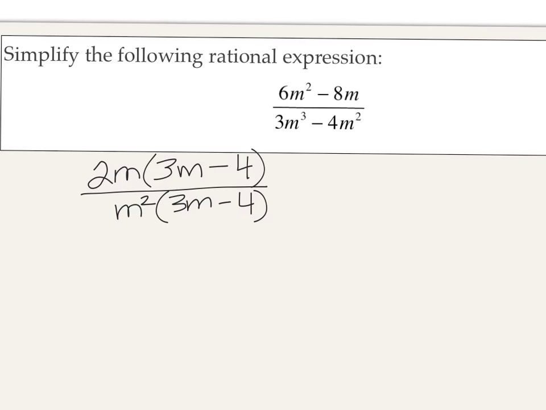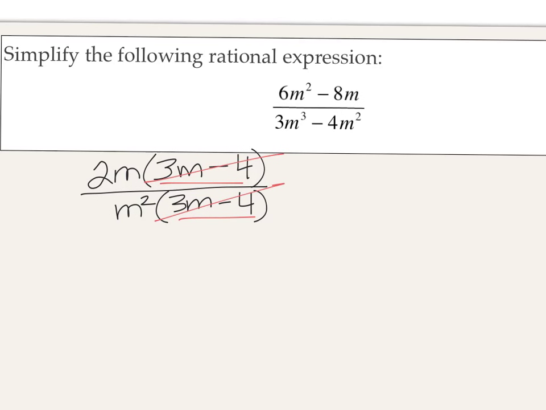So those are factors. If you have a common factor, so something multiplying on the top and the bottom, you can cancel it off. Because 3m minus 4 divided by 3m minus 4 is 1. That's the reason you can do it. It's because we're dividing them by each other and getting 1. So here, since these are exactly the same, I can cancel them off.